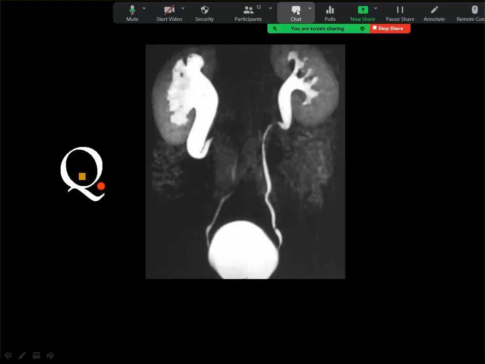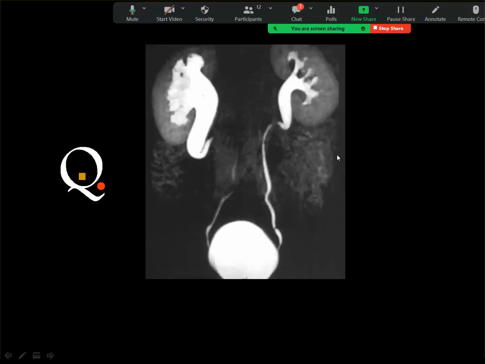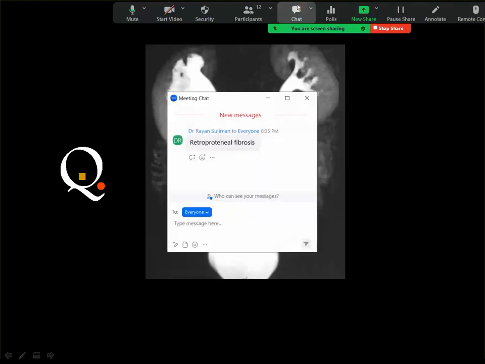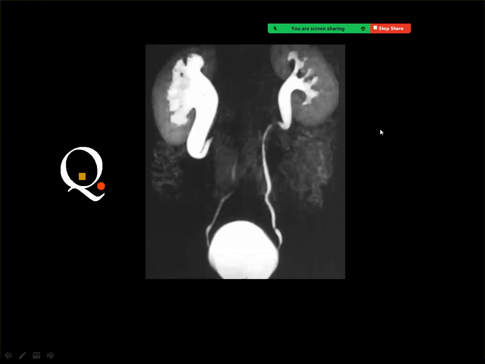Still no answers coming on the chat, and if you look carefully on the MR urogram, you can see no, this is not a retroperitoneal fibrosis. It occurs relatively lower down in this particular area.